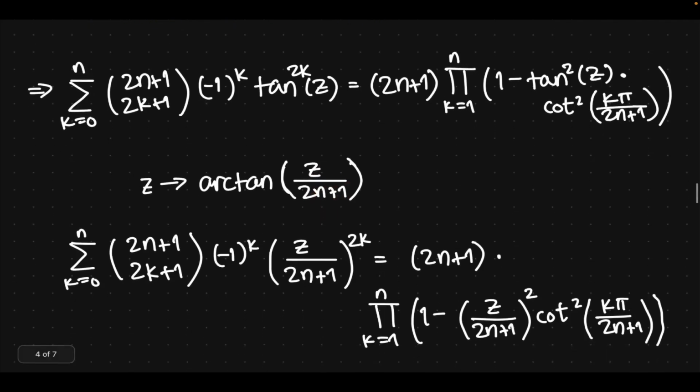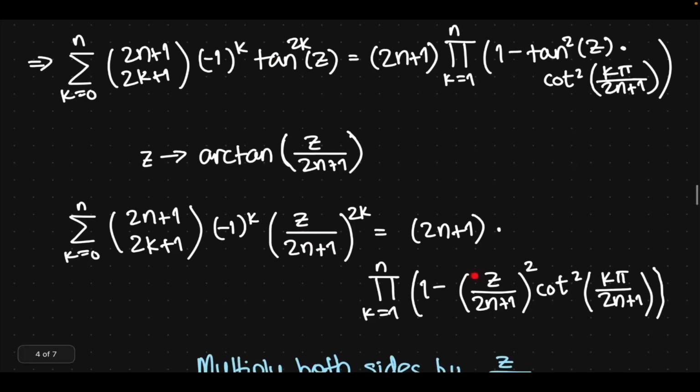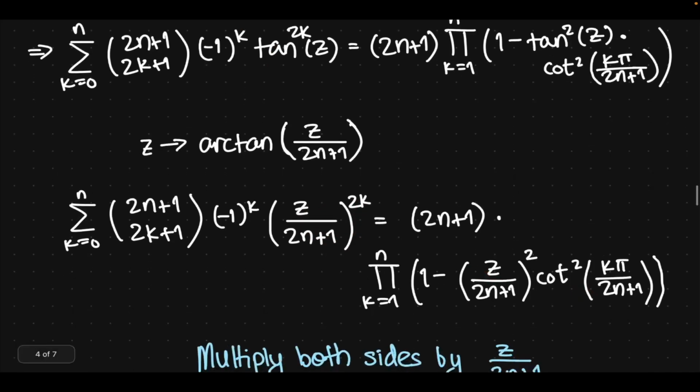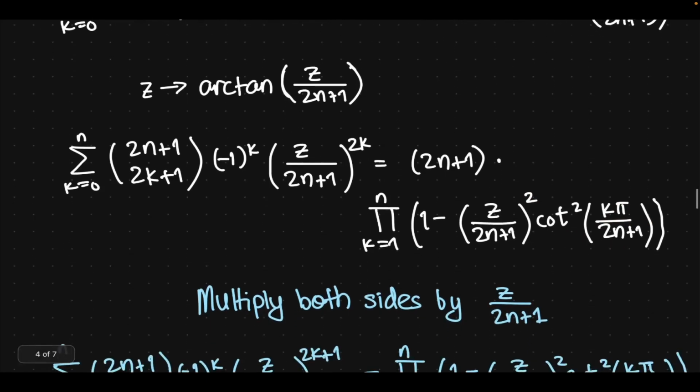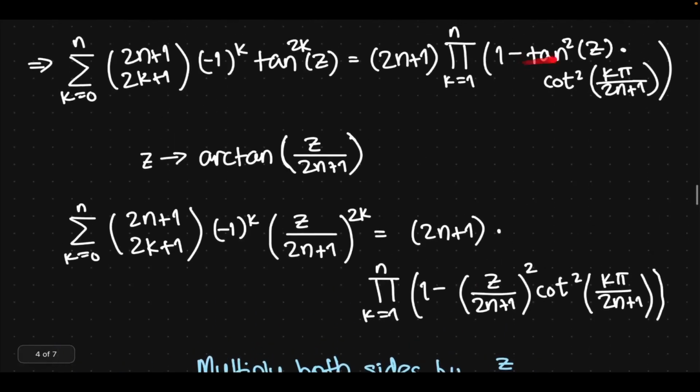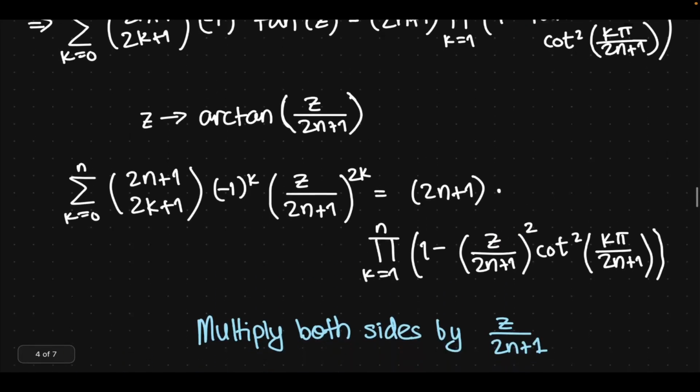What that does is get rid of the tangent function, just giving us z over 2n plus 1 to the 2k. Everything else is practically the same except for the product, which is 1 minus z over 2n plus 1 whole squared times, again, the cotangent squared k pi over 2n plus 1. So all this does is get rid of the tangents on both sides of the equation.